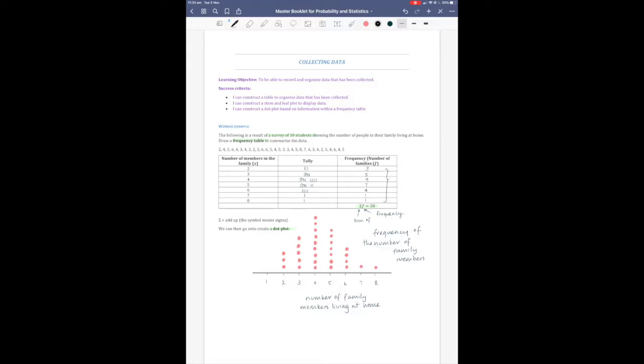So for example, if it was your dot plot, understand that it's all about the frequency as the dots themselves, and the axis down the bottom tells us whatever number it is that we're trying to represent. So in the case of our worked example, it was the number of family members living at home.